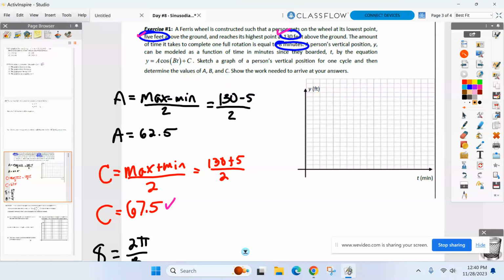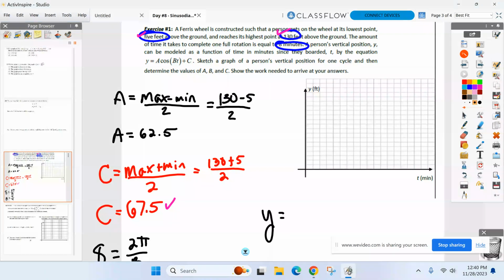I'm confused. I need the minimum, right? The minimum's 5. But when you put it in the equation, don't you add the C to the max?